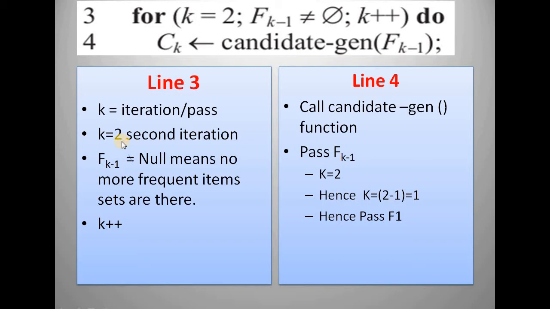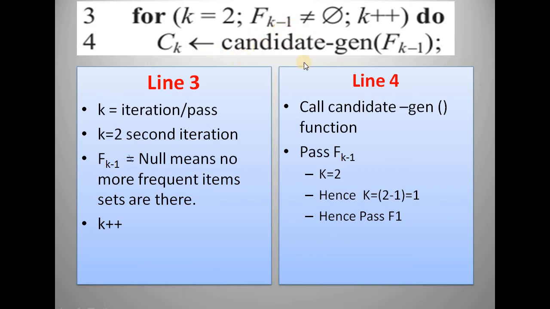F(k-1) equal to null means no more frequent sets are there. Now I can't combine anything again and create another frequent itemset. No more joining and pruning is possible with the available frequent itemsets. That is the condition where we say F(k-1) equals null. Then K plus plus. So this is the for loop, line 3.